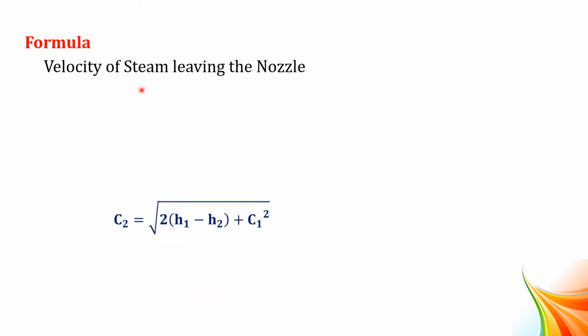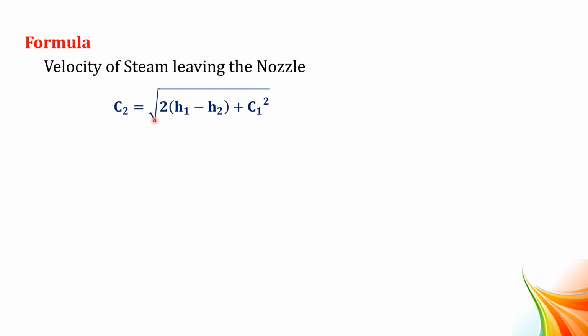Before going to solve this problem, we have to know the formula for finding the velocity of steam leaving the nozzle. C2 equal to square root of 2 into H1 minus H2 plus C1 square. H1 is the enthalpy of steam at the inlet in joules per kilogram. H2 is the enthalpy of steam leaving the nozzle in joules per kilogram.